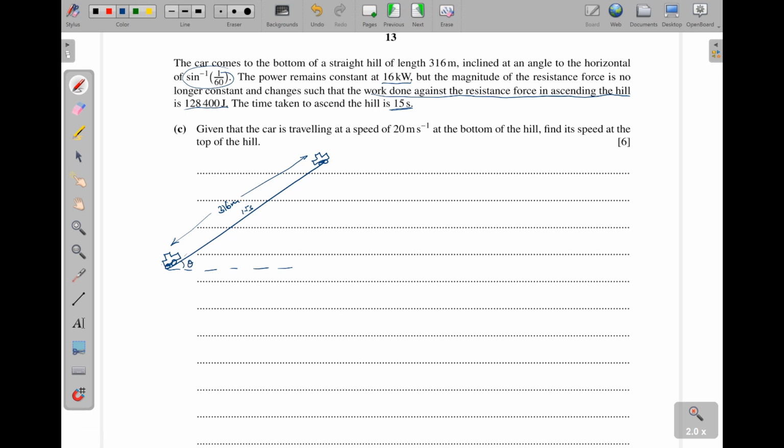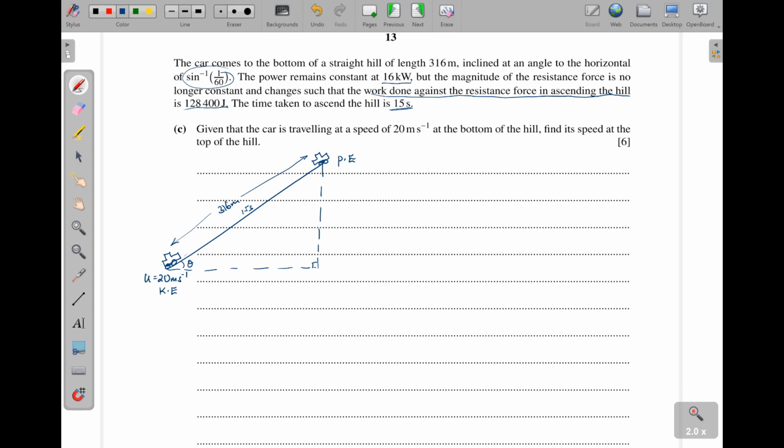Then they said that the car is traveling at a speed of 20 meters per second at the bottom of the hill. So I can say my u here is equal to 20 meters per second. So meaning, because it has the speed, then here it has kinetic energy. Okay. Then when we come up here, because there is generation of this vertical height here, then it will have the potential energy.